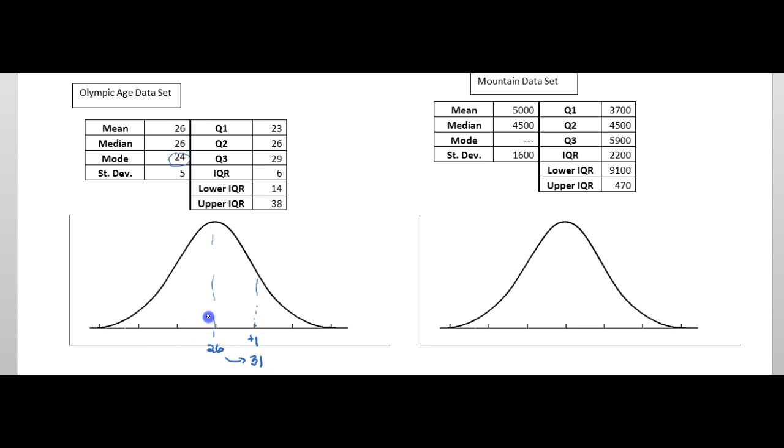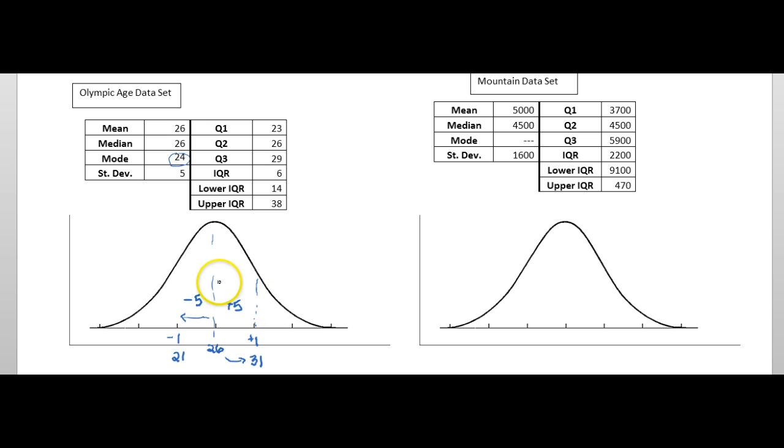If we go 1 standard deviation to the left, negative 1, this corresponds to an age of 21. To the right we added 5 because that's what our standard deviation was, and to the left we subtracted 5 because that was the distance of our standard deviation.